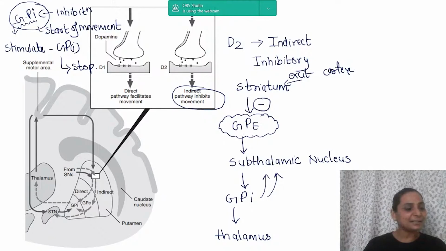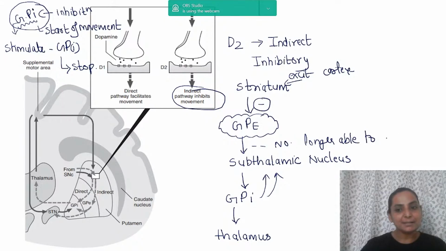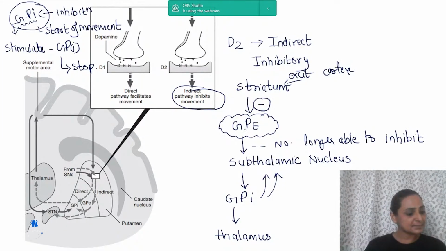Once the globus pallidus external segment is inhibited, it is no longer able to inhibit the subthalamic nucleus. That means the subthalamic nucleus is now disinhibited.